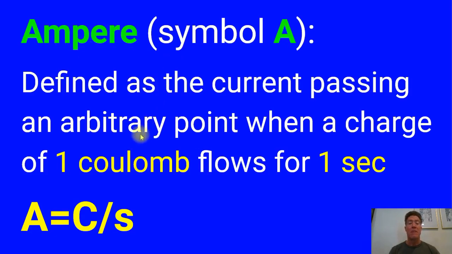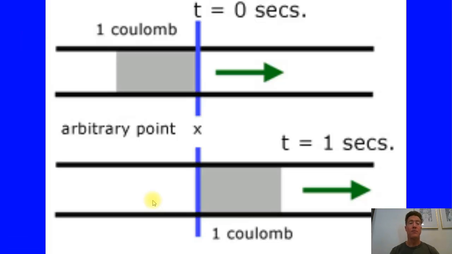An amp is when you have 1 coulomb of electric charge flowing for 1 second. So an amp is coulombs per second. Again, a coulomb is 6.2 times 10 to the 18th electrons of charge passing any given point in 1 second.